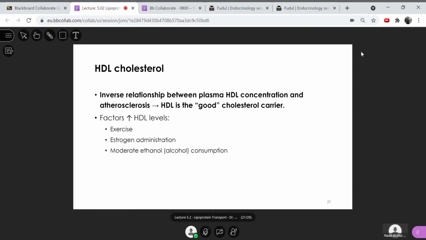Right. We have heard of the good cholesterol carrier designation of HDL because of the inverse correlation between the levels of plasma HDL and the risk of atherosclerosis. So it's the good cholesterol carrier. There are factors that influence the levels of HDL in the circulation, increasing them, which is beneficial, obviously. Exercise, that's why people at risk are advised to exercise more to increase the levels of HDL.